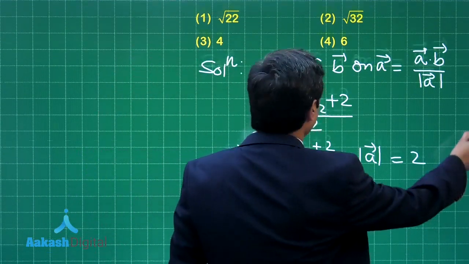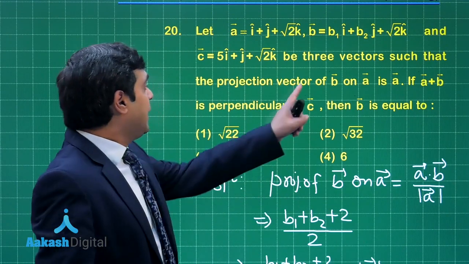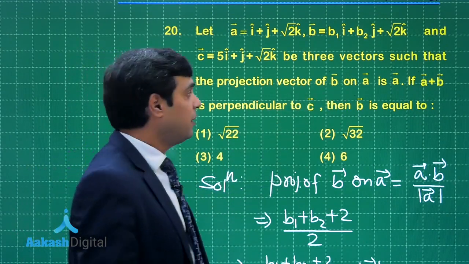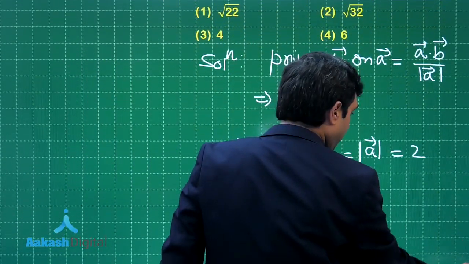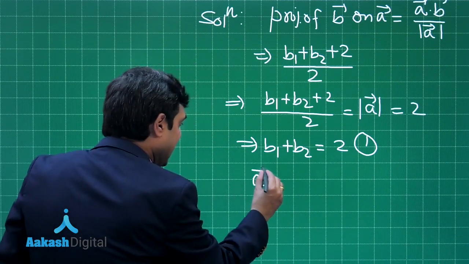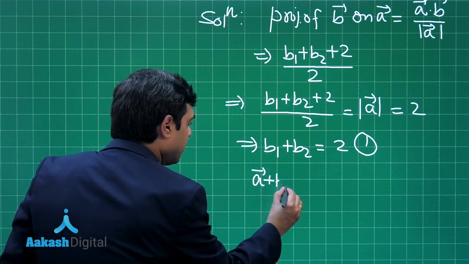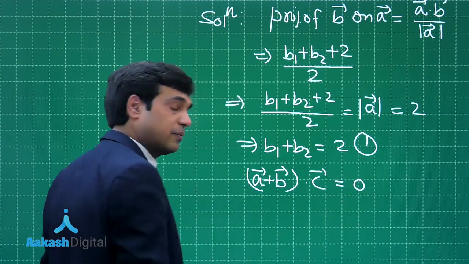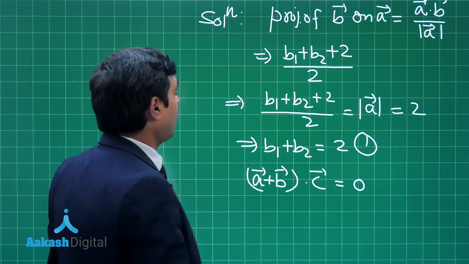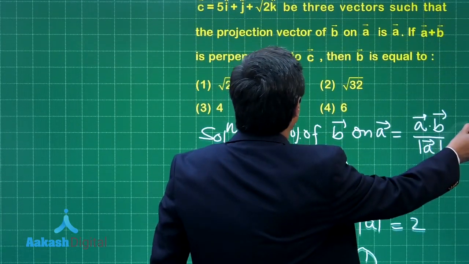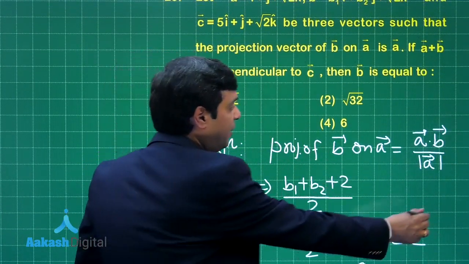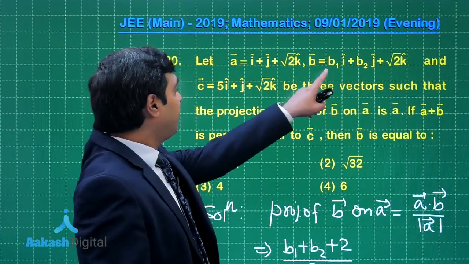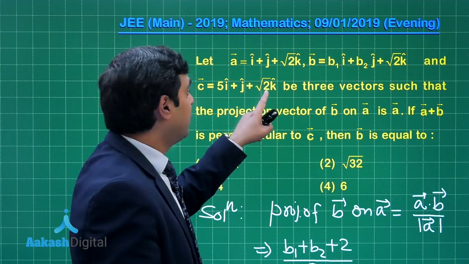Next, A plus B is perpendicular to C. Let's go with the approach. A plus B dot C is equal to 0. This is clear? Now, A plus B is simply b1 plus 1, correct?